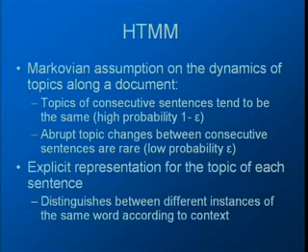So in the HTMM, the hidden topic Markov model, as I said in the introduction, documents tend to be coherent in some way. If I have two consecutive words or two consecutive sentences, there is a very good chance that these words or sentences actually deal with the same topic. So I said that two adjacent sentences have the same topic with high probability, which I denote by 1 minus epsilon.